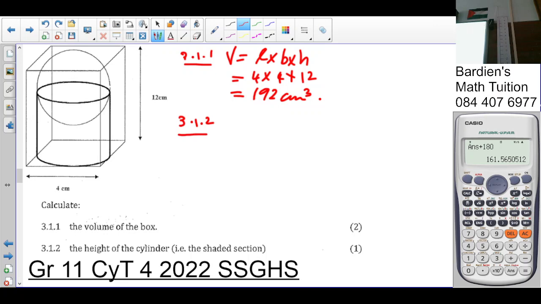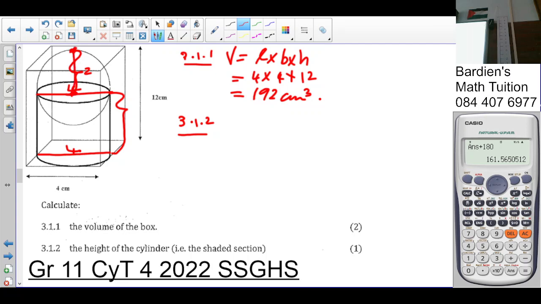3.1.2. The height of the cylinder, i.e. the shaded section. So that is what they want you to calculate. Now if your diameter is 4, can you see your diameter is 4, no? Then what's the radius? 2. So from the top to there is how much? 2. Why? Because it's from center to circumference.